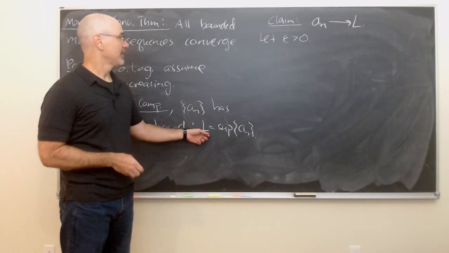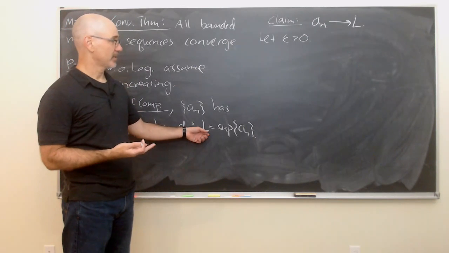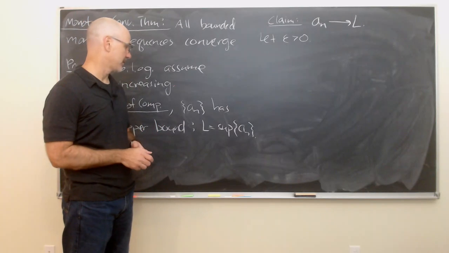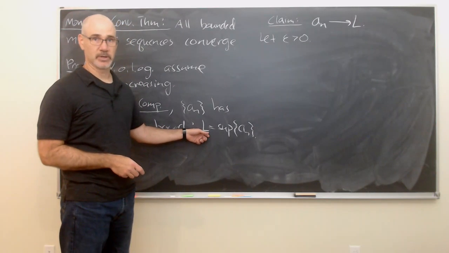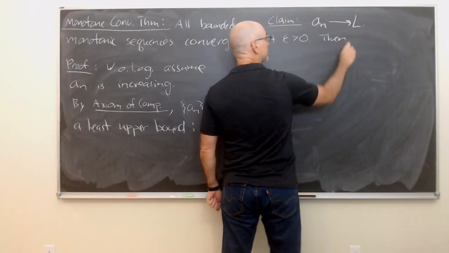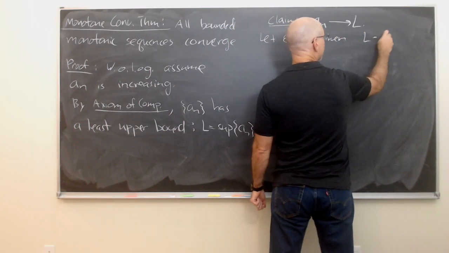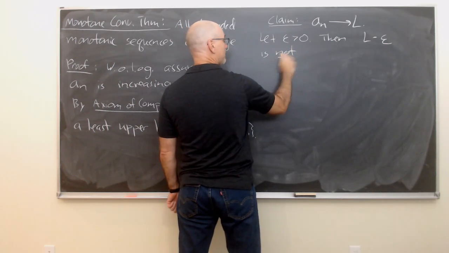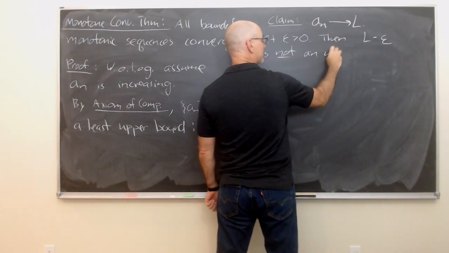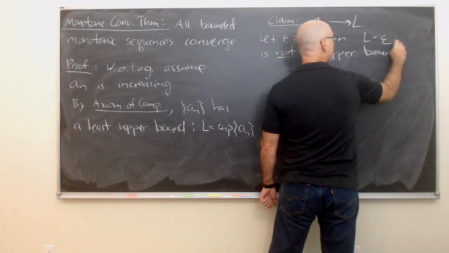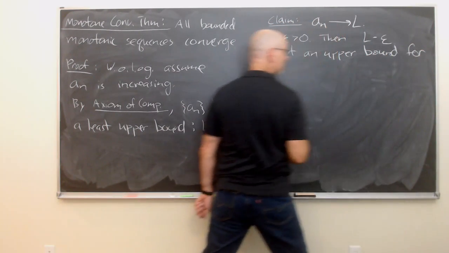L minus epsilon is smaller than L no matter what epsilon we choose, and so L minus epsilon can't be an upper bound when L is the least of all upper bounds. So then L minus epsilon is not an upper bound for a sub n.